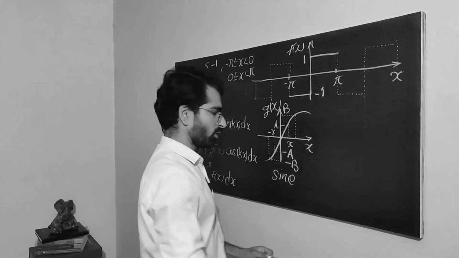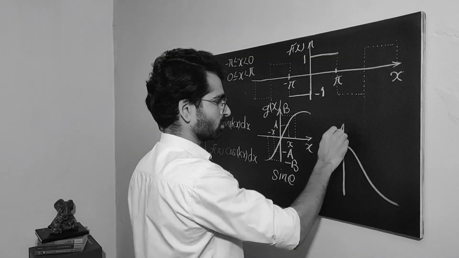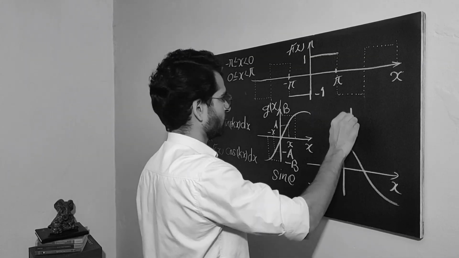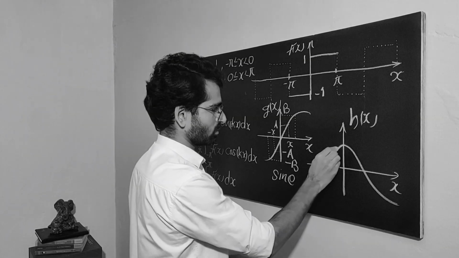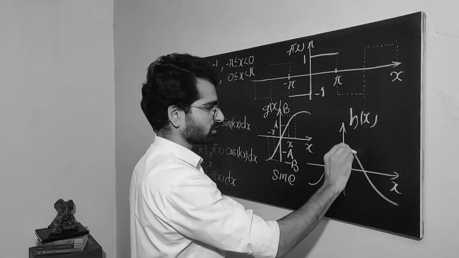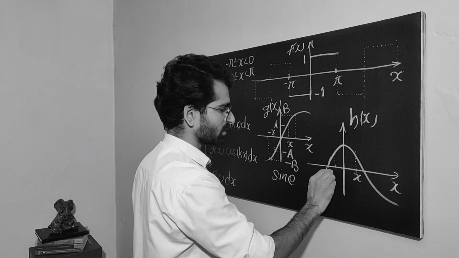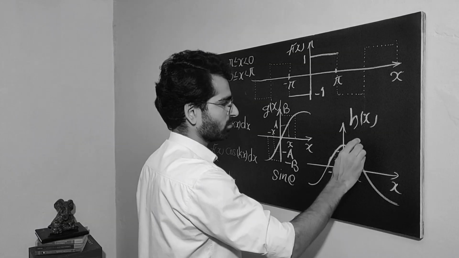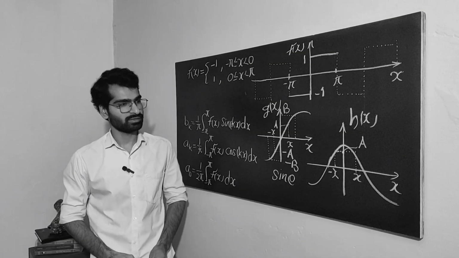Let me take one more function like this. This is x, and this may be h of x. If the function's value at x and the function's value at minus x are exactly the same, maybe a, then we call this an even function.